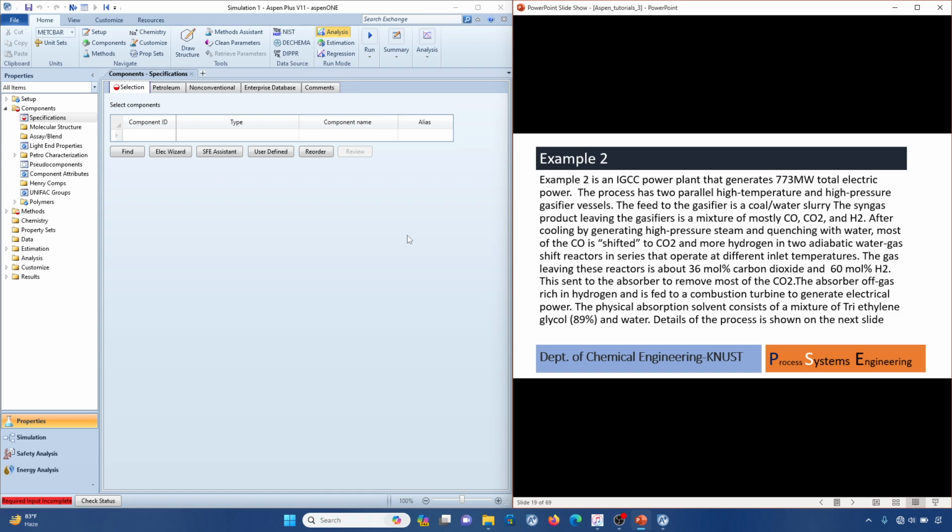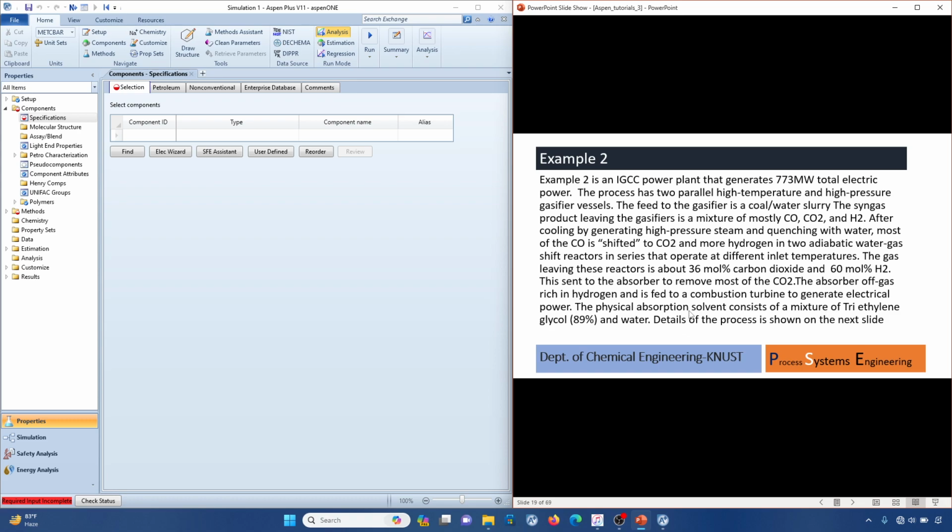Example 2 is an IGCC power plant that generates some amount of electricity. The key part is that some reaction goes on in the gasifier, and in the products of the gasifier, it is desired to remove the carbon dioxide using a mixture of triethylene glycol and water.